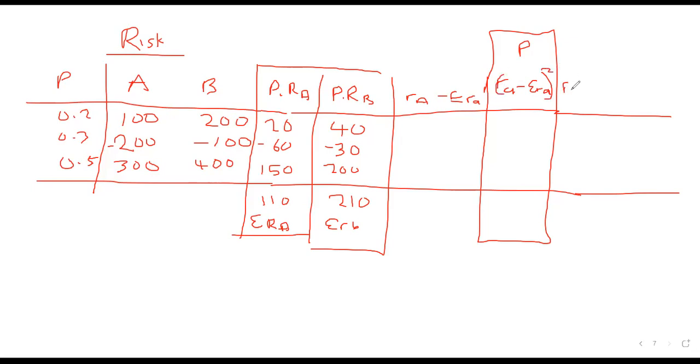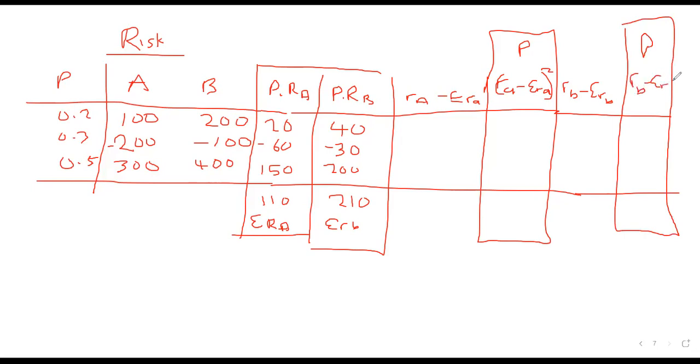Then here we have the return for asset B minus the expected return for asset B, and we square it, multiplied by the probability.